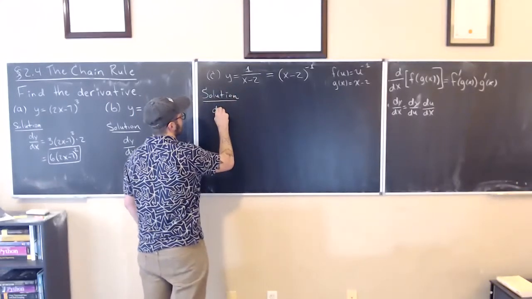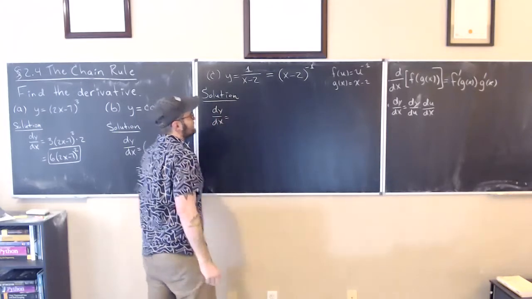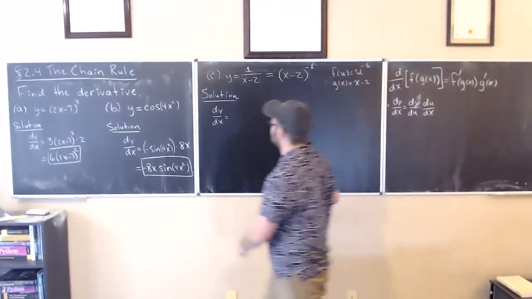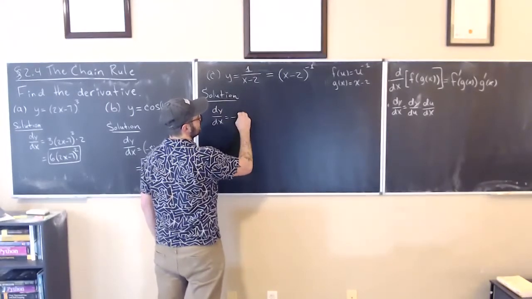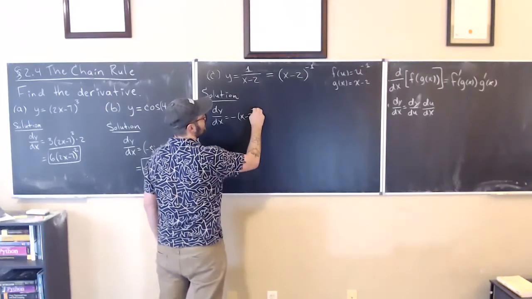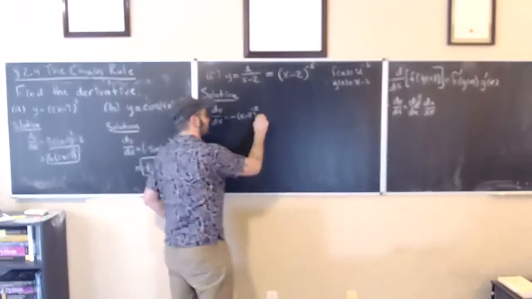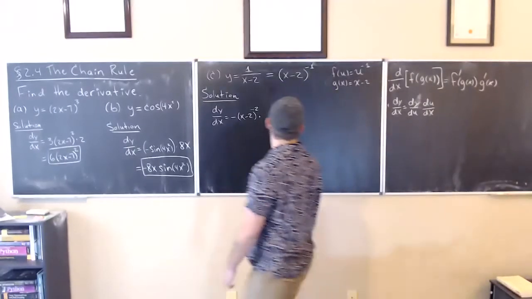So dy/dx, the derivative of the outside, is the derivative of that, right? So it's going to be minus 1 times u, so (x minus 2) to the power minus 2, times the derivative of the inside, which is 1.